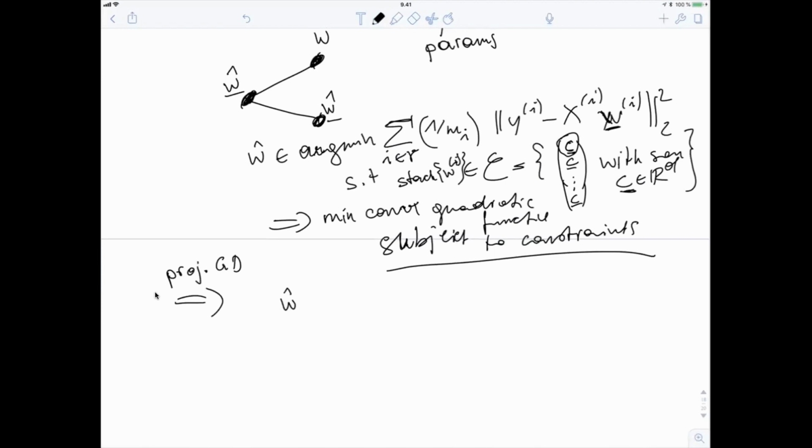And if you write down these projected gradient descent iterations, you obtain first of all, so one iteration of projected gradient descent consists of two phases. In the first phase, we update at each node locally the local model parameters at iteration k using a gradient step.